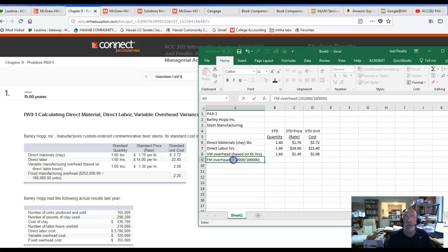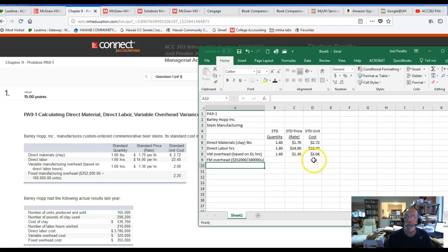So this is $352,000 of fixed overhead, and our baseline production quantity in units, so I'll put a U in there, is 160,000.